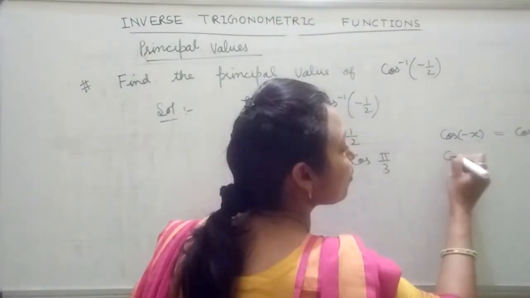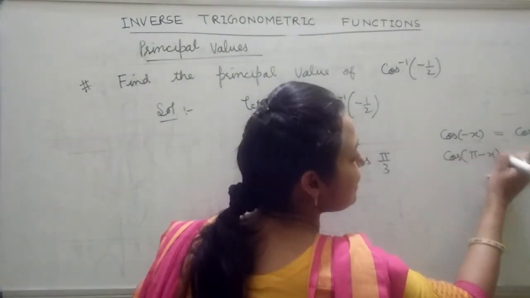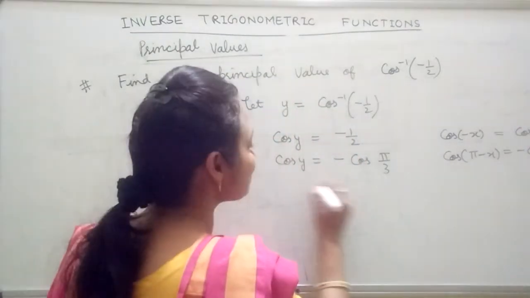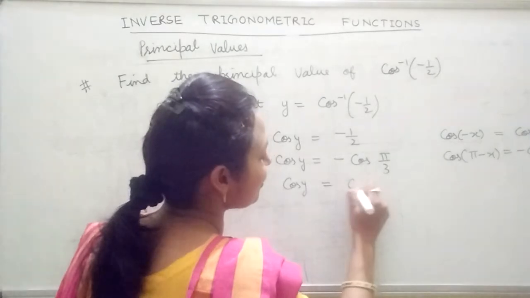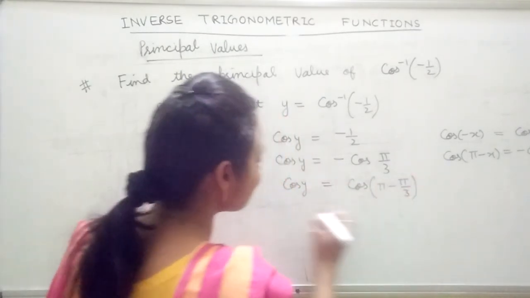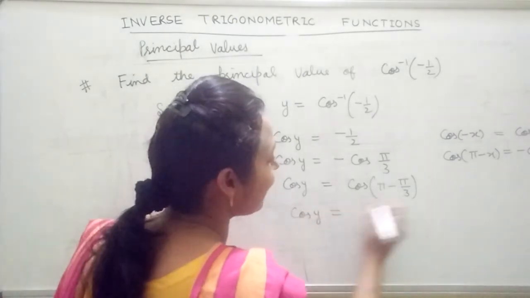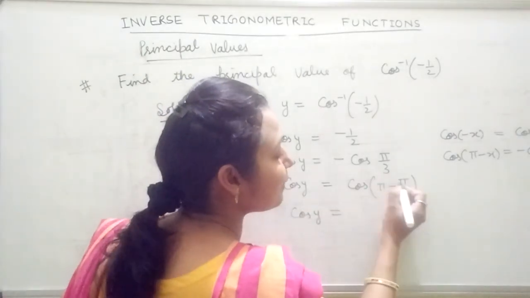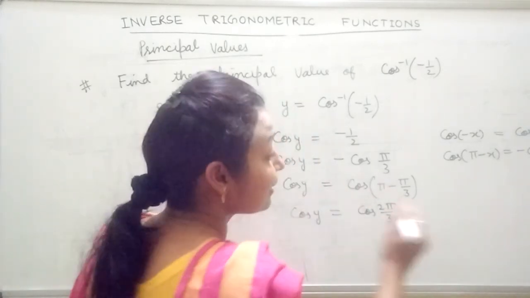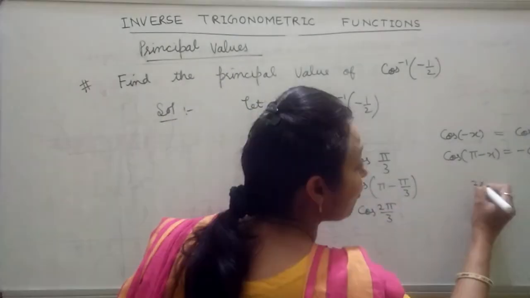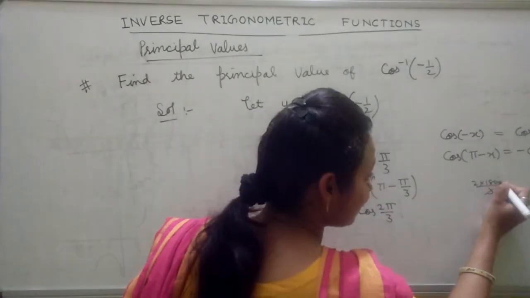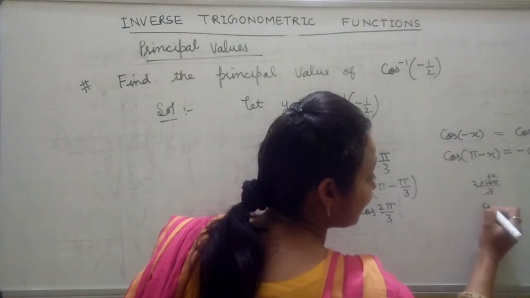You all know cos of pi minus x equals minus cos x. Right? So we will use the same function: cos of pi minus pi by 3. After subtraction, we have 3 pi minus pi over 3, that is cos of 2 pi by 3. Now check 2 into 180 divided by 3, that is 120.